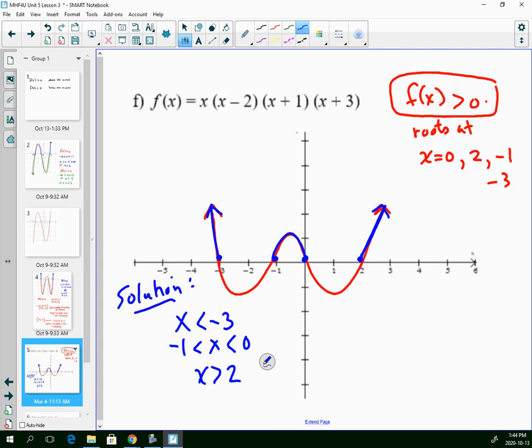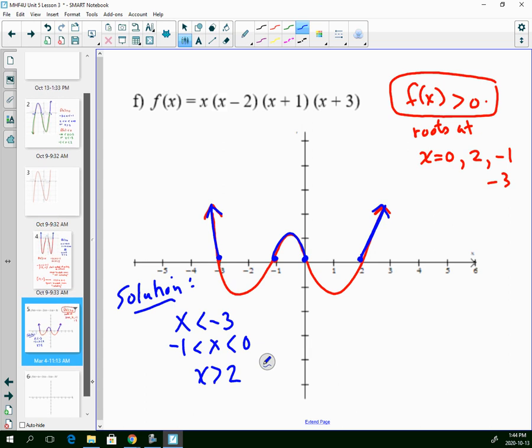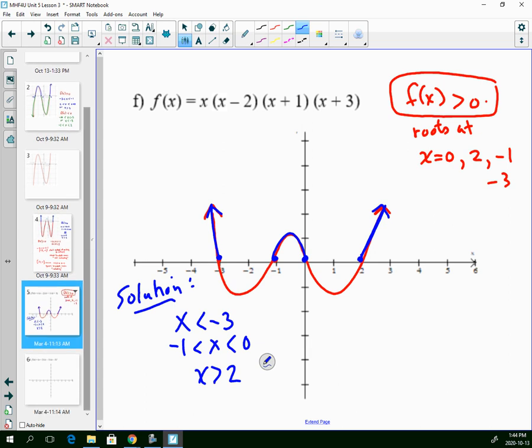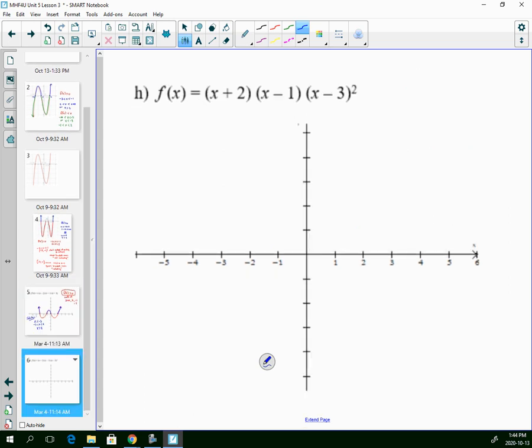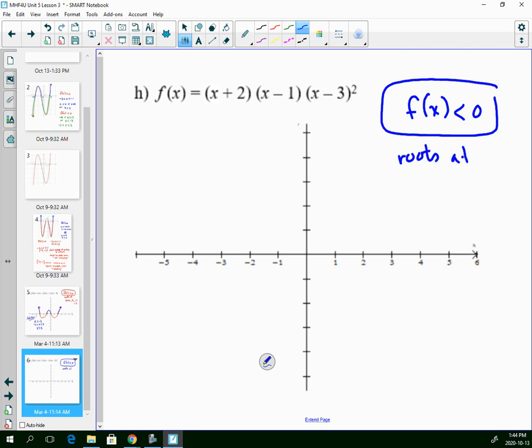Let's do one more. So what about this one? So this one has roots. Let's say, where is the graph below 0? Well, I know it has roots at -2, 1, and 3, and I know 3 is a double root. So I know it's got one at -2, one at 1, a double root at 3.